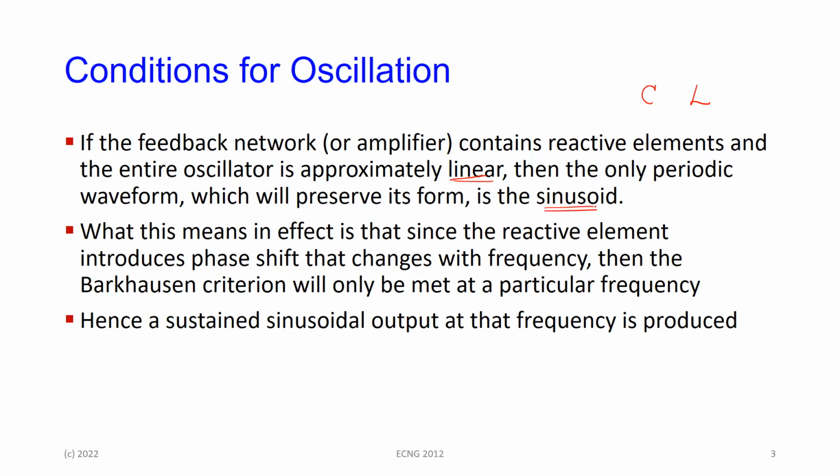You can't get any other waveform out of this. Any other waveform will produce nonlinear behavior. So once you have reactive elements, caps and inductors, you're guaranteed in a linear circuit that the output signal you're going to get is a sinusoid.